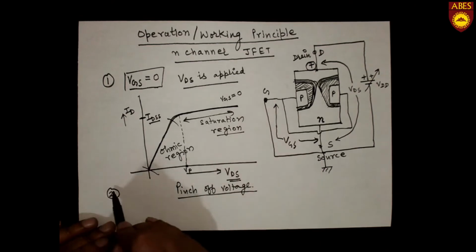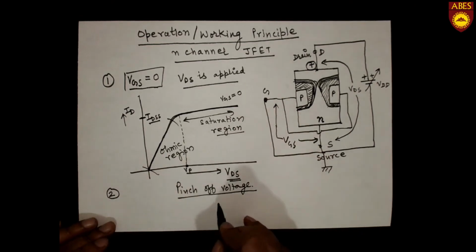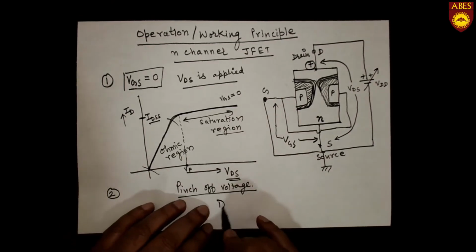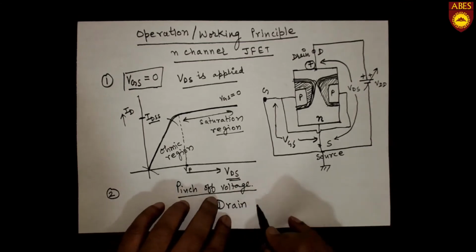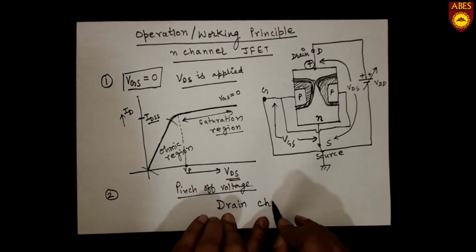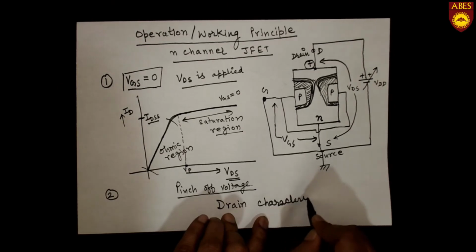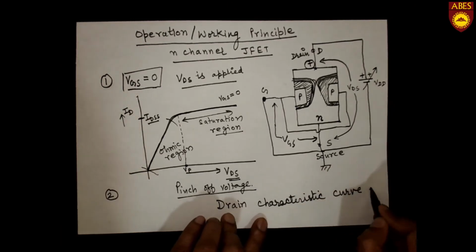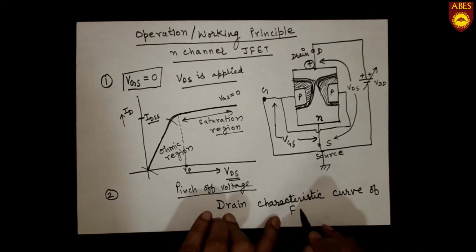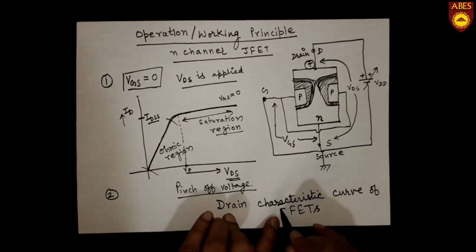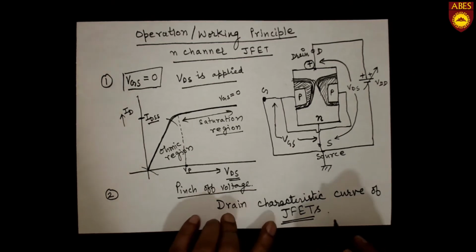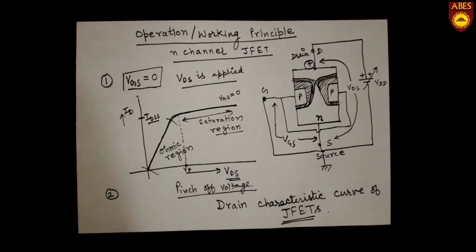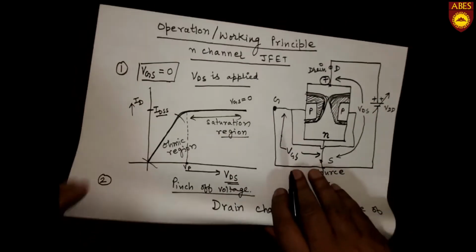And this characteristic curve is called the drain characteristic curve of JFETs. This is all about condition 1. Now we'll talk about condition 2.